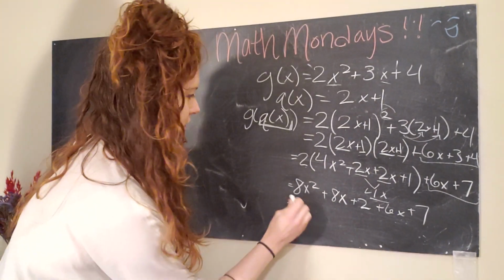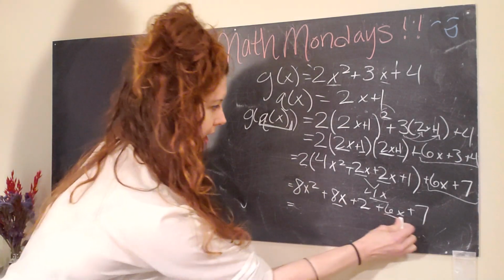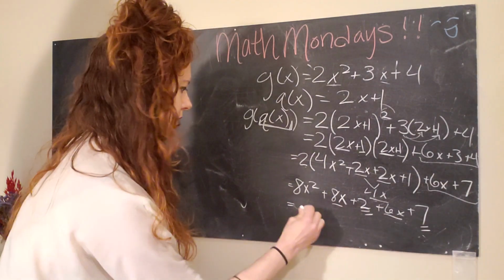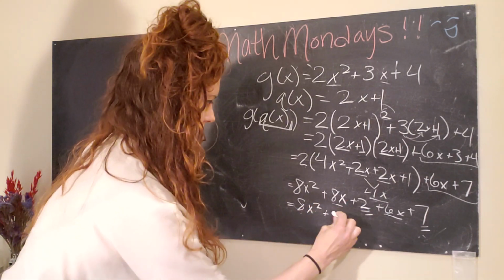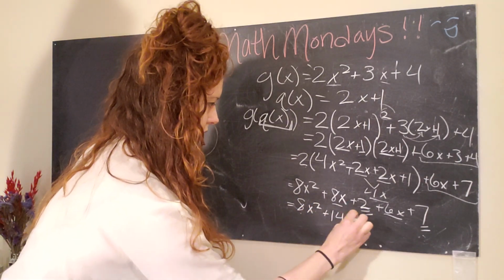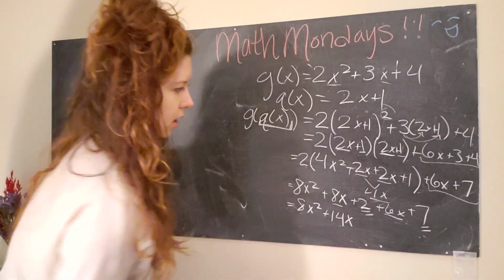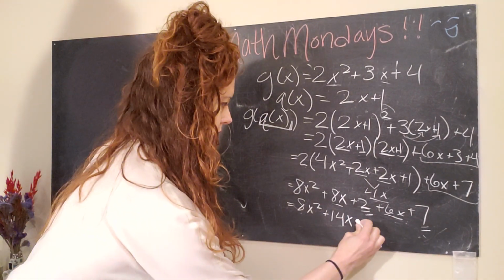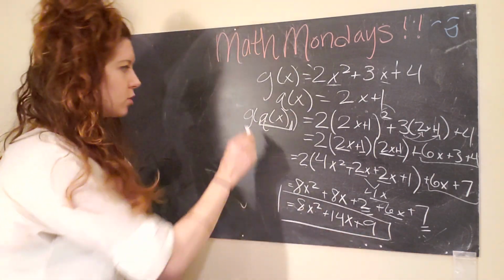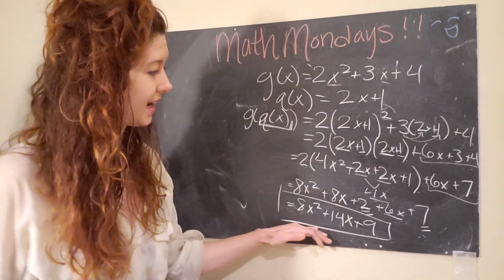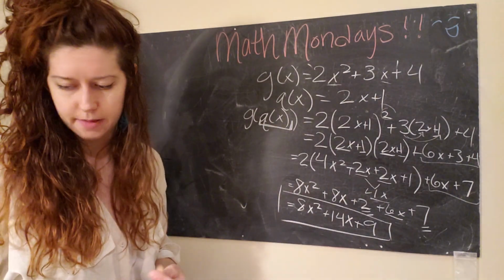Okay. And the last piece is to combine the like terms. And so we have 8x squared. 8 plus 6 is going to be 14x. And 2 plus 7 is 9. Ta-da! So g of q of x is 8x squared plus 14x plus 9.